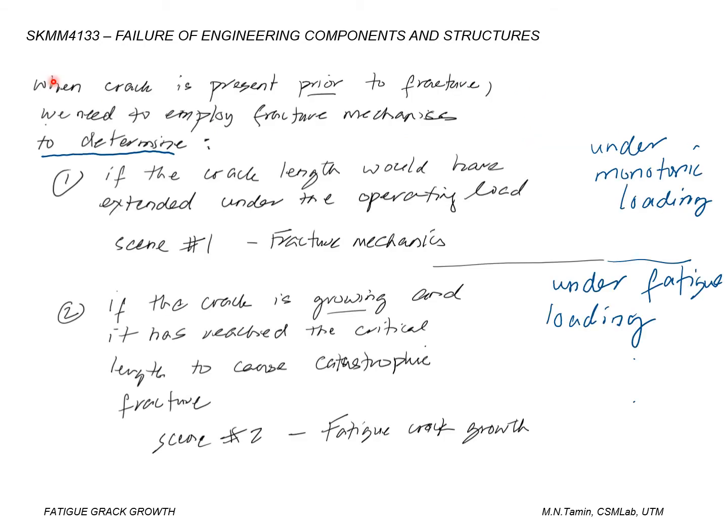If you are examining a component or structure that has fractured and you can establish that there is a crack present prior to the catastrophic fracture, and you can establish that the loading is monotonic, meaning that it starts from zero and it increases to cause fracture, then we need to determine if the crack length or the initial crack length would have extended under the operating load, causing the catastrophic fracture.